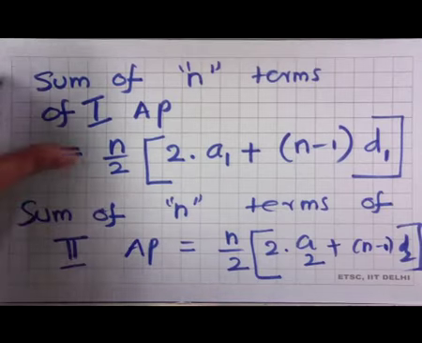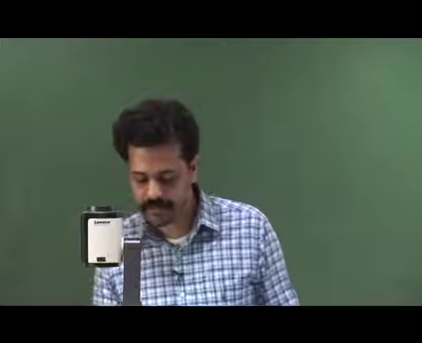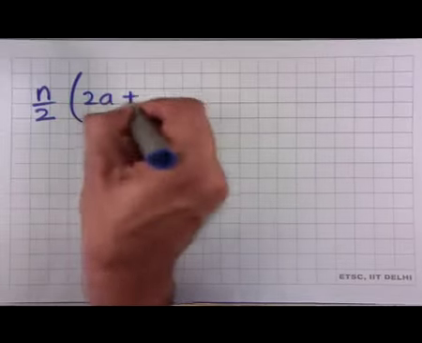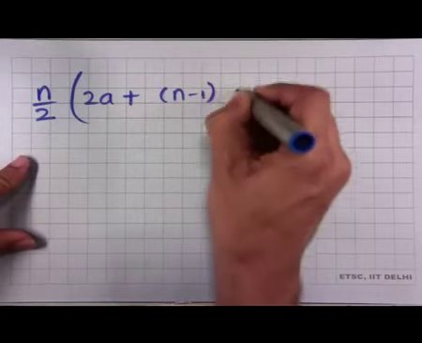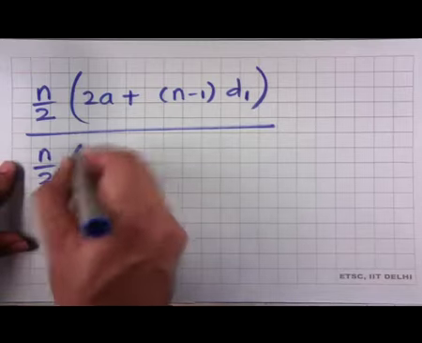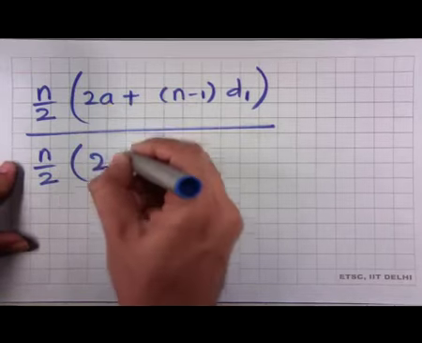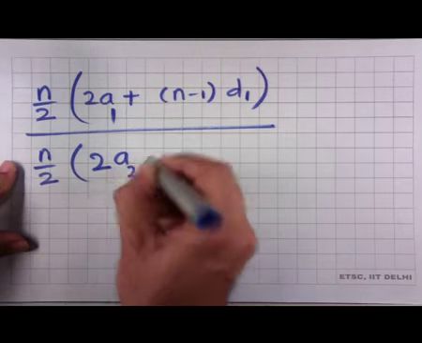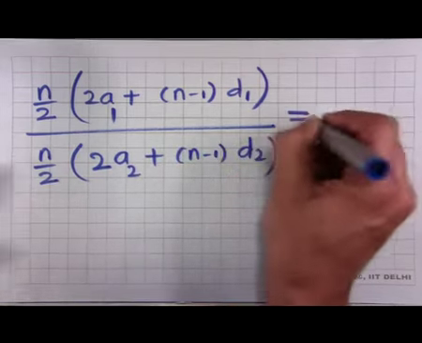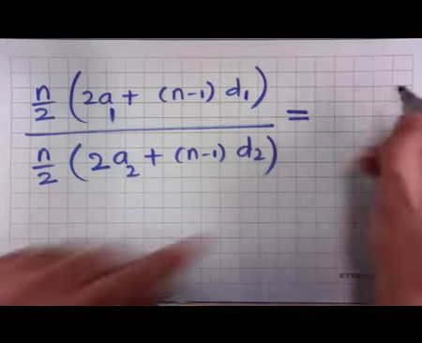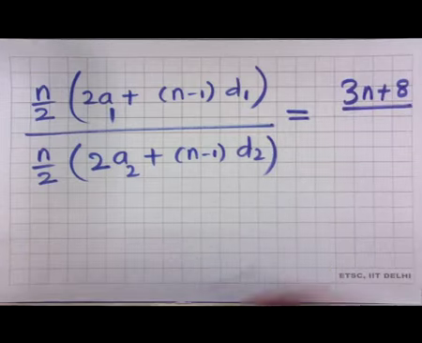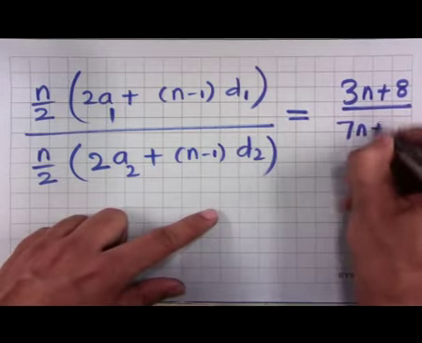What is given to you is the ratio of these two quantities: n by 2 into 2a1 plus n minus 1 into d1, by n by 2 into 2a2 plus n minus 1 into d2, is given to be 3n plus 8 by 7n plus 15.